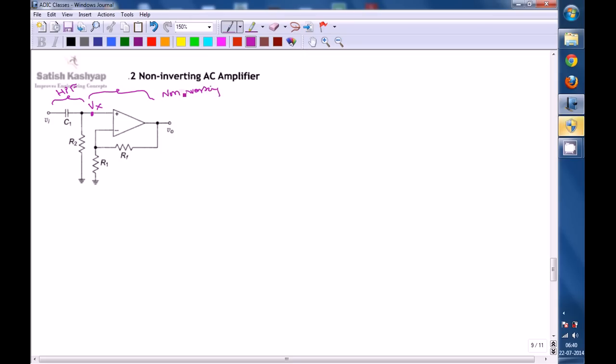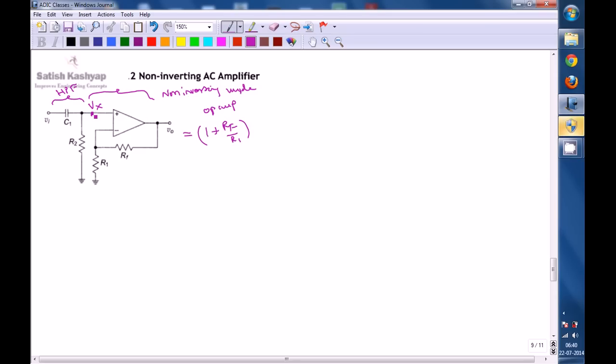Non-inverting mode op amp. We know that for a non-inverting mode op amp, the gain provided by the amplifier is 1 plus RF by R1, times the effective voltage available at the non-inverting terminal.